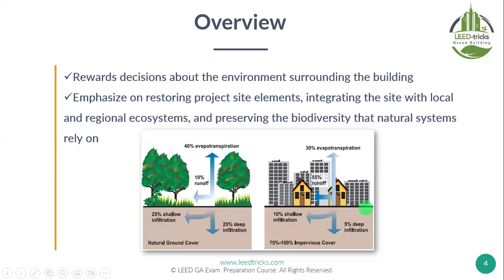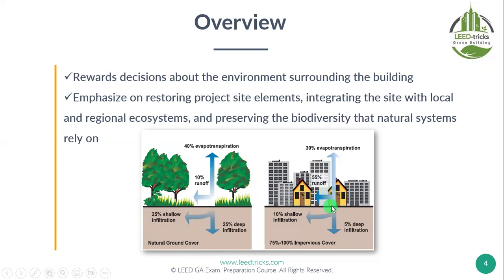Hence, it's difficult here. Problems like stormwater runoff will be excessive here, but there the natural land will manage the stormwater. The heat here is higher, but the temperature there is lower. So from there, we can see the impact.